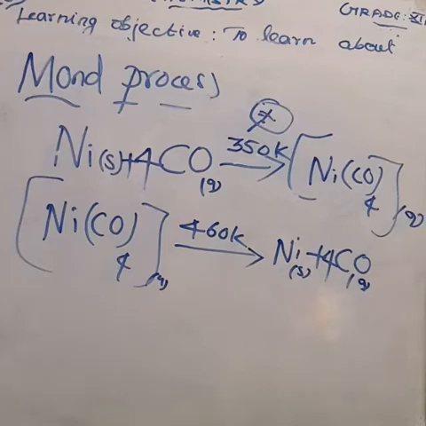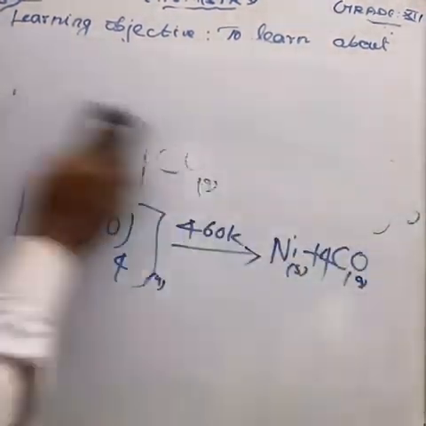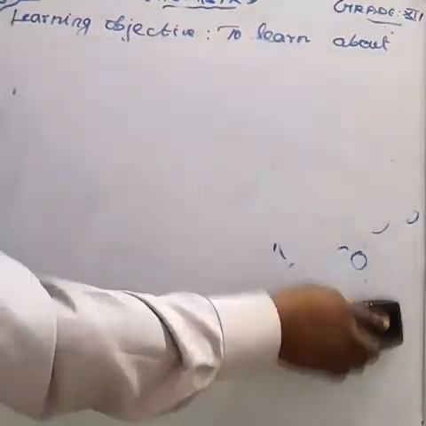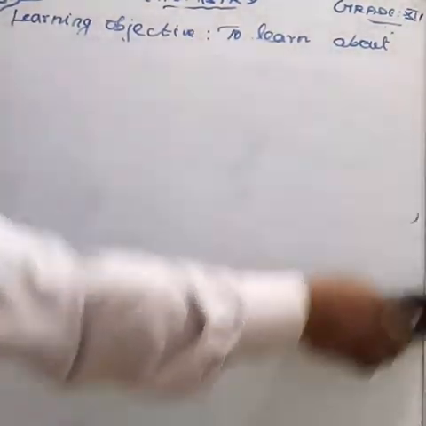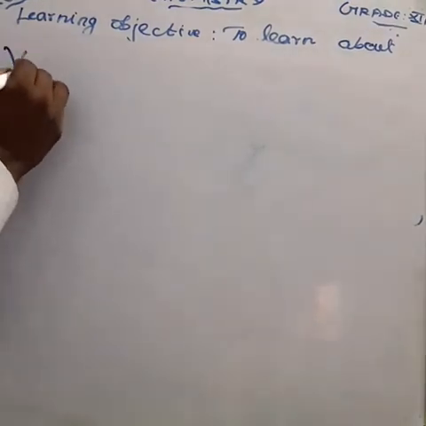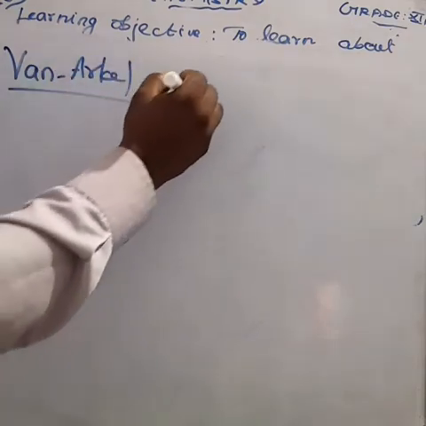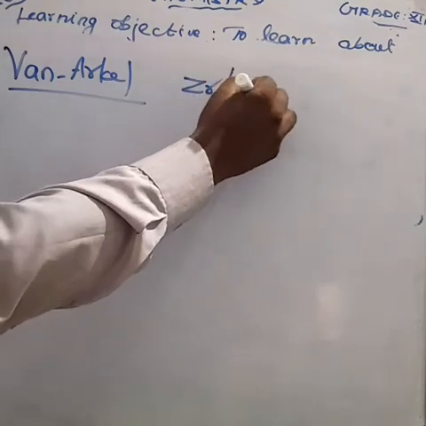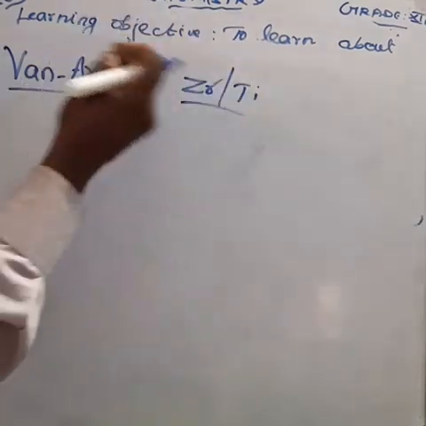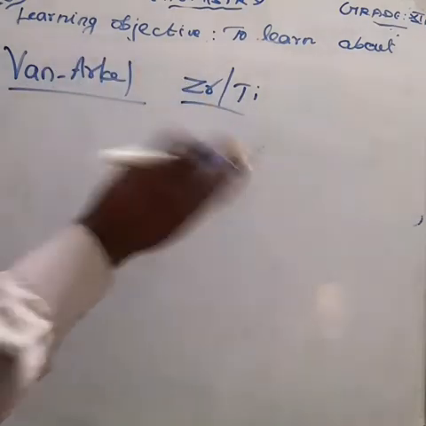Next, about the van Arkel method for the refining of zirconium or titanium. So we are using zirconium or titanium. As per our textbook, we have only titanium, so try to learn this titanium. Here this method is based on the thermal decomposition of metal compounds. What is the meaning of thermal decomposition?